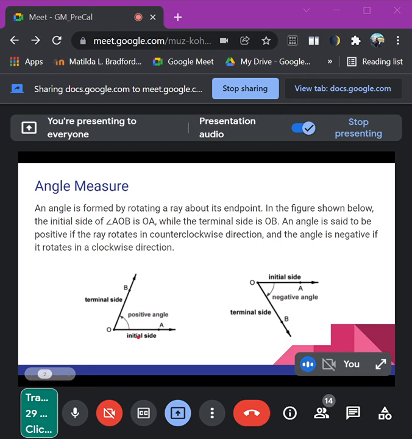Okay, and then for our angle measure, class, naani siya duha ka possible nga answers if we are going to measure an angle. So it could be positive and it could be negative. So positive siya, class, if your angle is rotating counterclockwise. Okay?